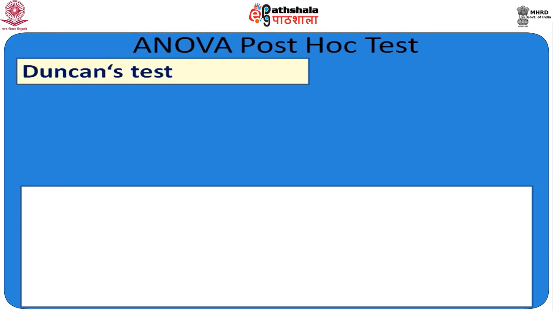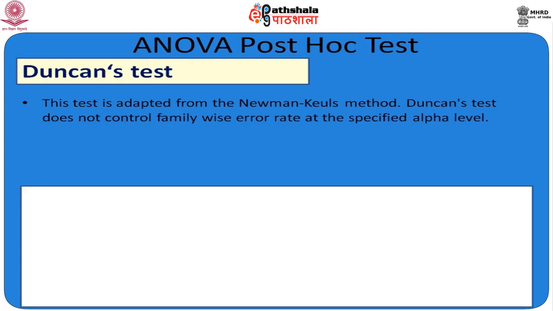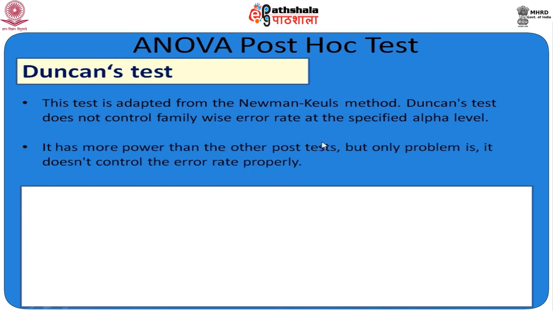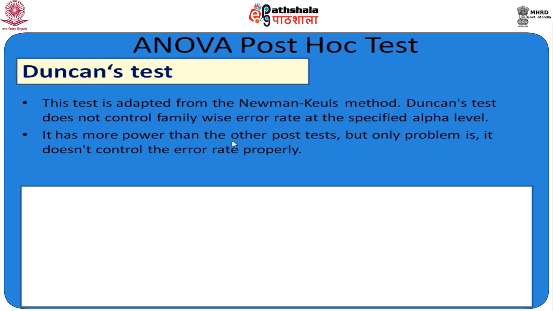The last test that I am going to talk about is the Duncan test. This test is adopted from the Newman-Keuls method. Duncan's test does not control the family-wise error rate at the specified alpha level. It has more power than the other post-hoc tests, but the only problem is it does not control the error rate properly.